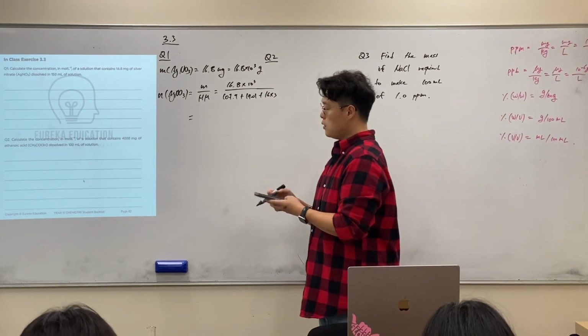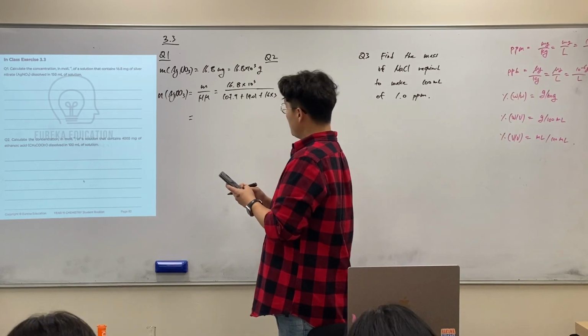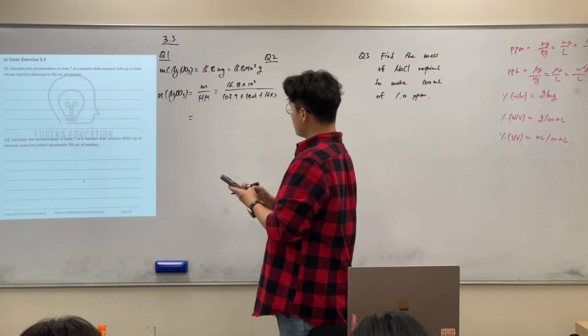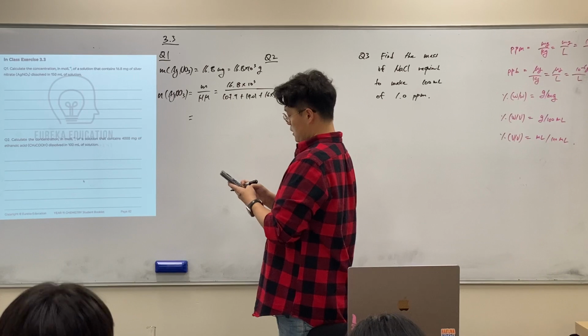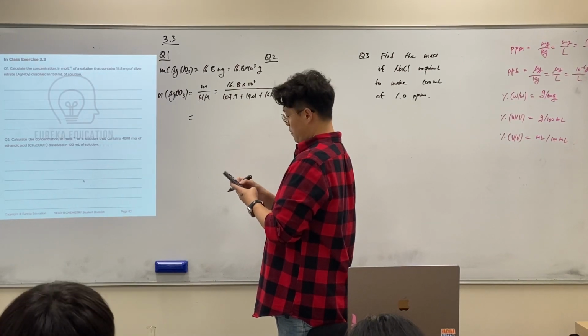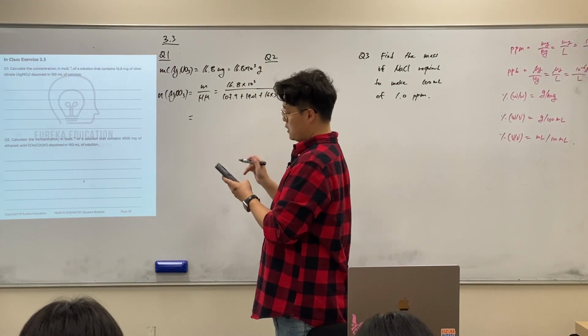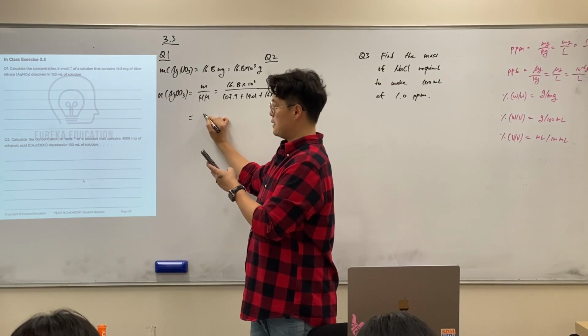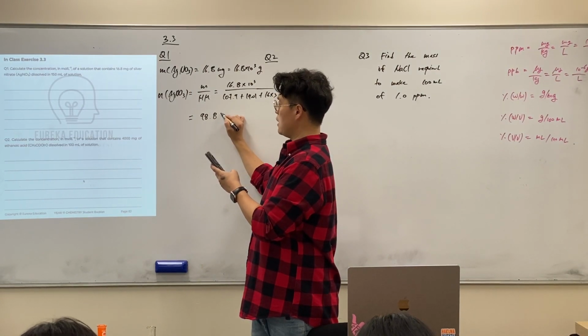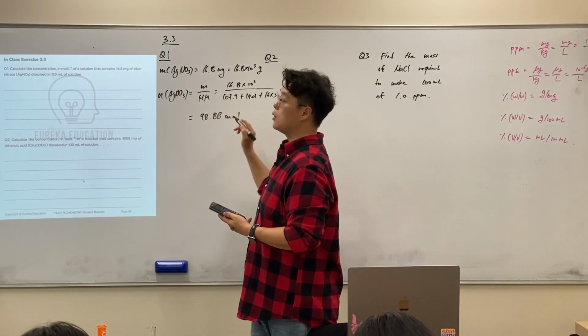So 107.9 plus 14.01 plus 16 times 3, and 16.8 times 10 to the power minus 3 divided by that, you get 98.88 mole.